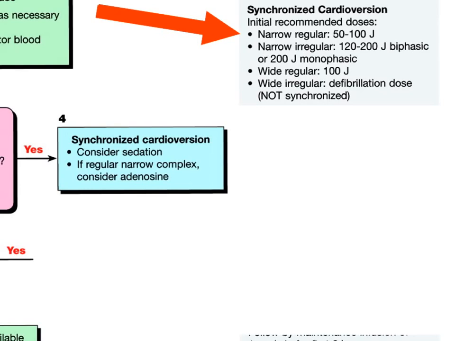However, if the patient's rhythm is irregular, or if that complex is wide, and the patient's very unstable, with hypotension, ischemic chest discomfort, altered mental status, signs of shock, acute heart failure, then we're going to need to do synchronized cardioversion. And as you can see, there are several different energy levels, and this can become confusing, so we want to try to clarify that.